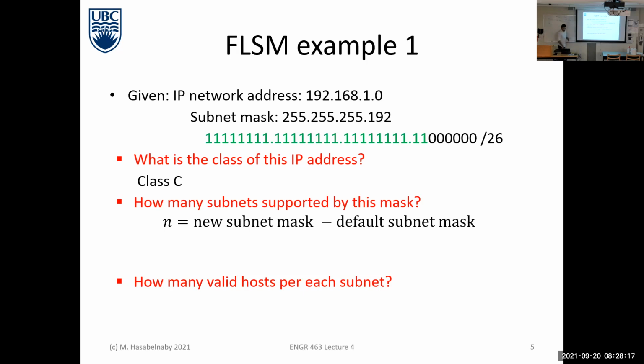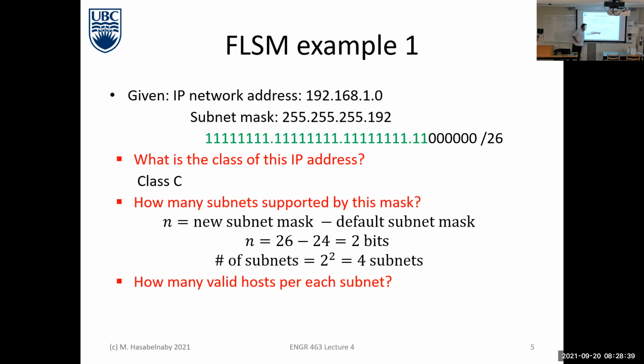The new subnet mask here is 26, and the default subnet mask is 24. So the difference is only 2 bits. So the number of subnets supported by the new subnet mask will equal 2^2, which equals 4 subnets.